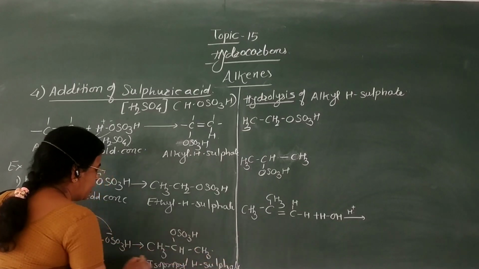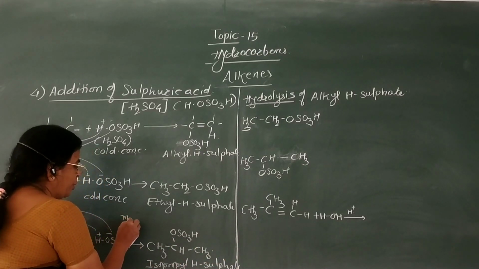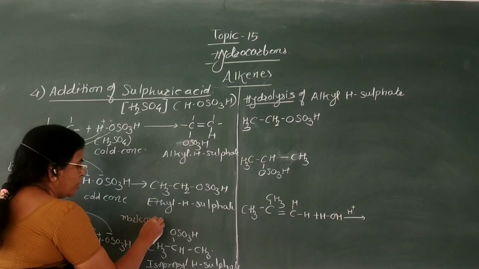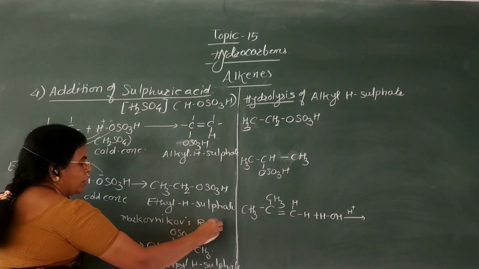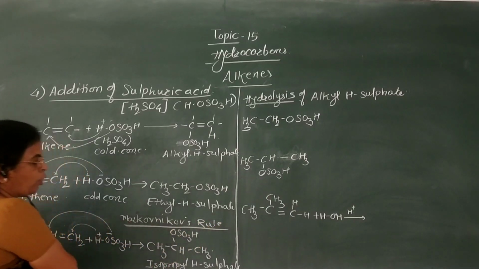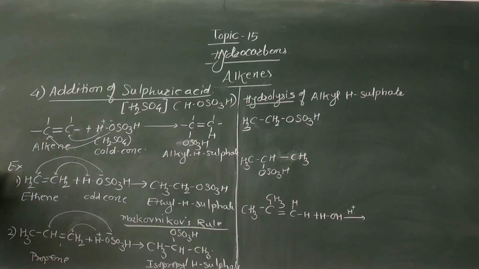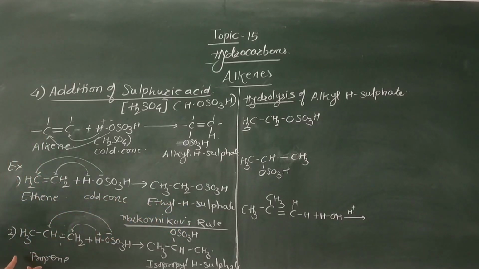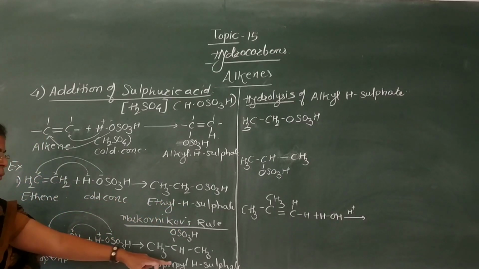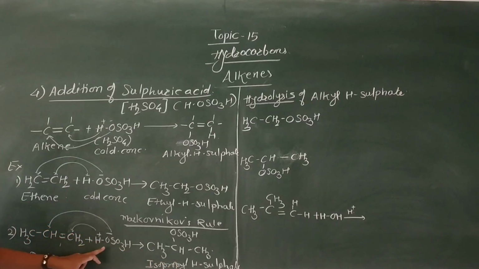And this addition takes place according to Markovnikov's rule. That is, ethene is converted into ethyl hydrogen sulfate and propene is converted into isopropyl hydrogen sulfate by the addition of HOSO3H.